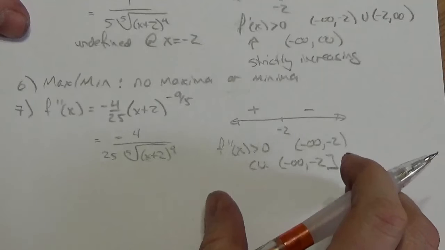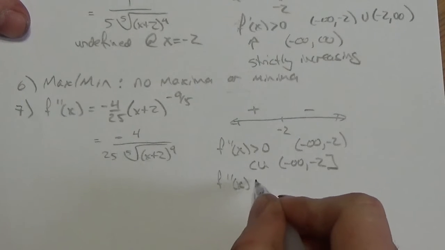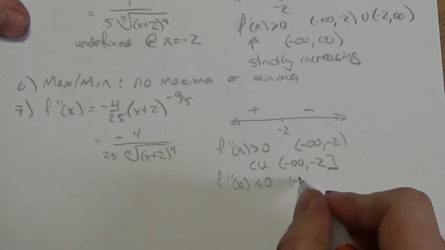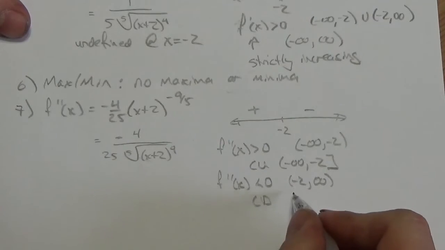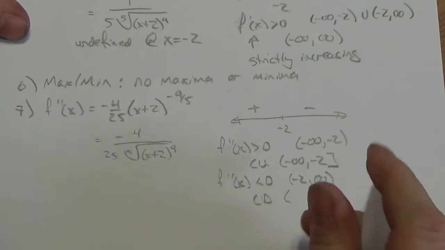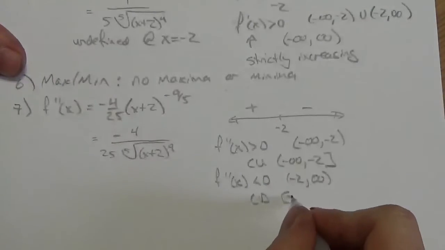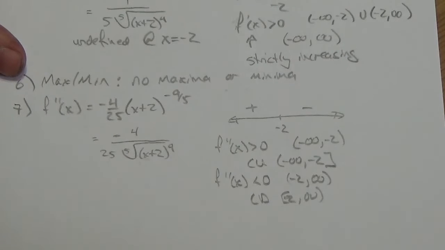Again, remember it's defined there. The second derivative is going to be less than 0 from negative 2 out to positive infinity, which means it's going to be concave down from negative 2 out to infinity, and including negative 2.